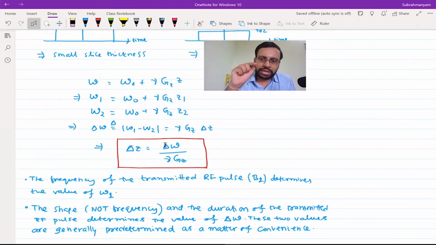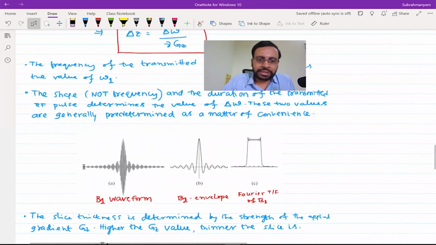Now, for figuring out the omega value, that depends on the B1 frequency of your signal, which dictates from which value of Z you would get the response. Another thing is the width, which is defined by the shape or envelope of this waveform.